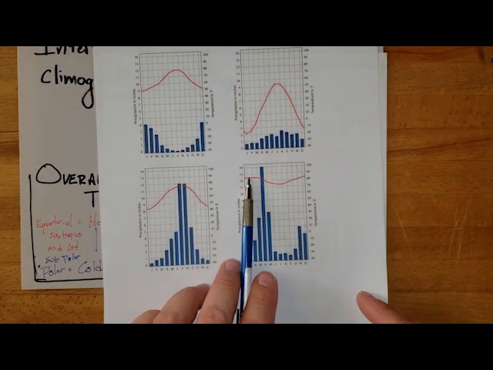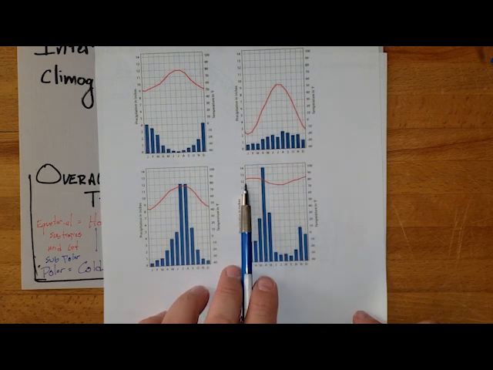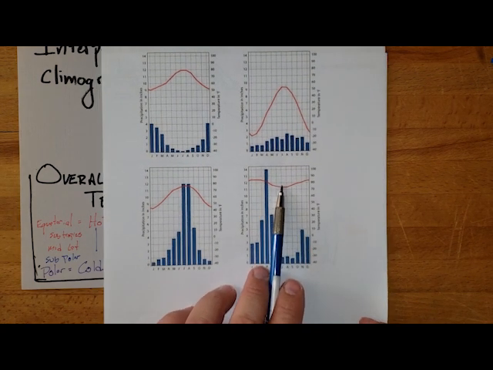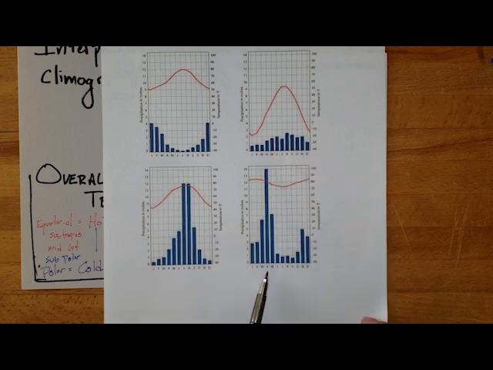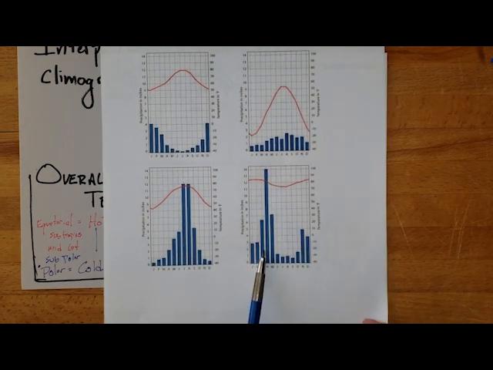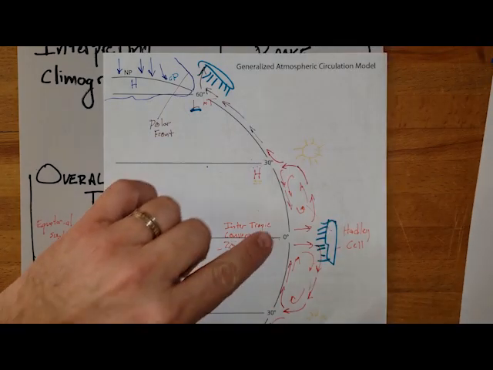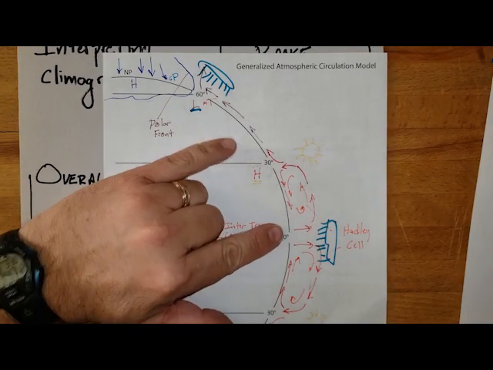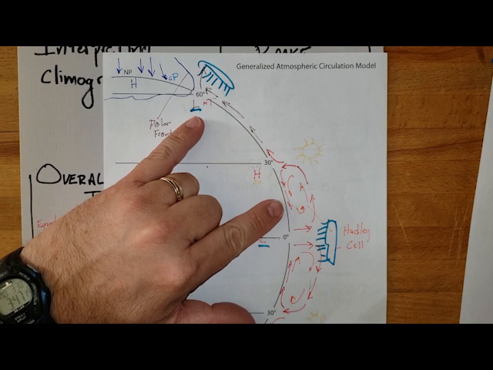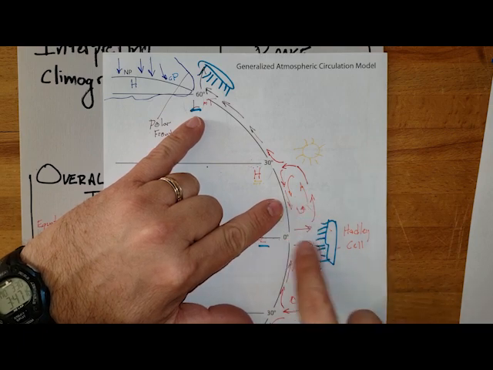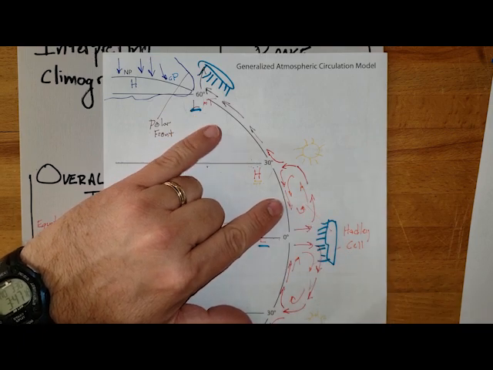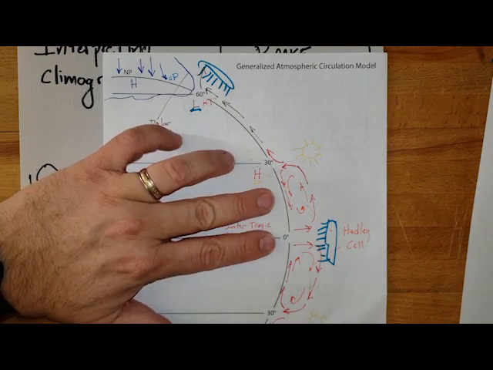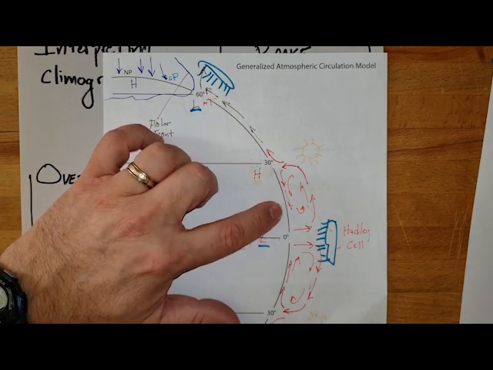Here's another location where the temperature has very little change and it's going to be very, very warm. Equatorial area. However, only during certain times of the year do they get precipitation and other times they get none. Sometimes they're going to have the low pressure system directly overhead, so they'll be getting that precipitation. Other times they're going to have that high pressure system over, and it's going to be very dry.